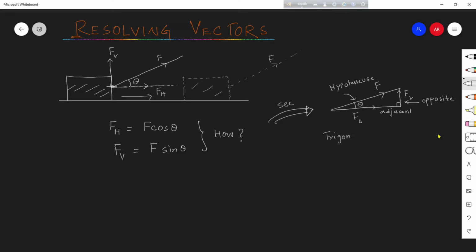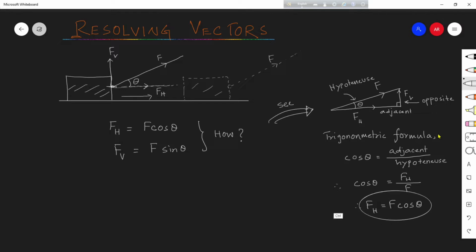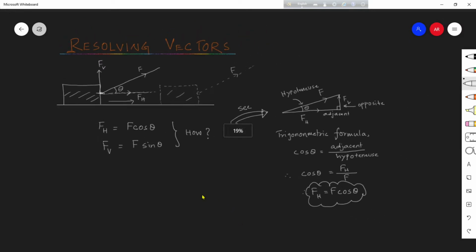So now you use the trigonometric rule: sin theta equals what, cos theta equals what, and tan theta equals what. When we use this rule, cos theta equals adjacent over hypotenuse. Adjacent here is the horizontal line. So FH divided by F is cos theta.